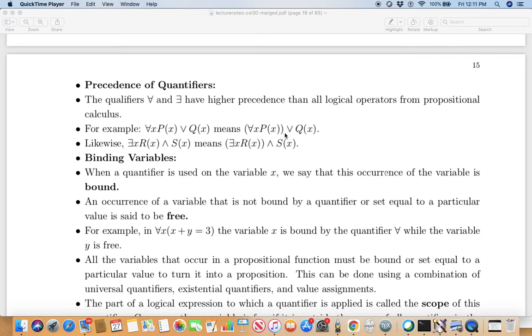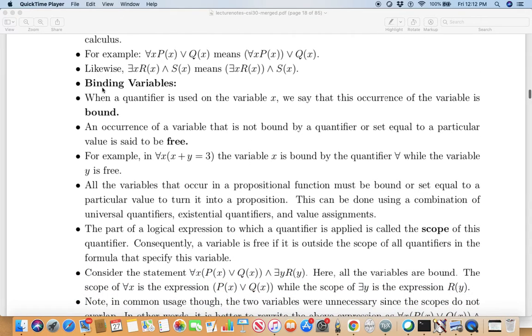It means the disjunction of q(x) with the quantification for all x p(x). Likewise, there exists x r(x) and s(x) means it's a conjunction of s(x) and the proposition there exists x r(x).